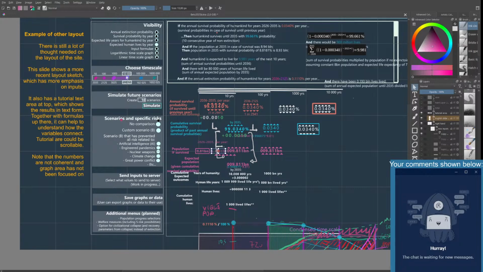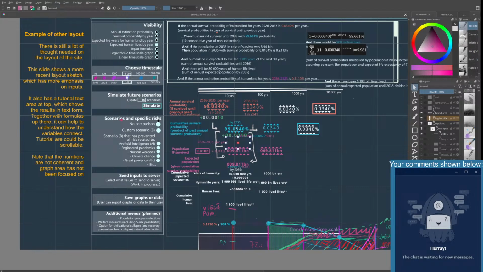Yeah, one thing I've been playing around with here is whether there should be, especially for this population, what's the growth rate between these two spots here.